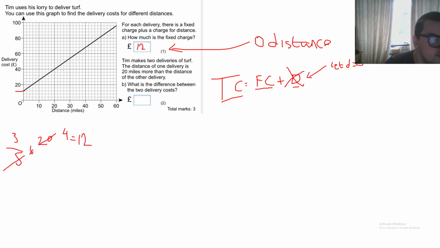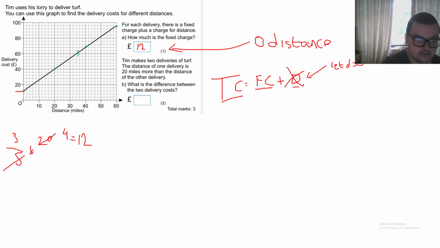For example, we wouldn't pick 35 because it goes through somewhere here and we can't exactly pinpoint where that is, but 0, 20, 40 and 60 all go through the graph at nice points. We're going to use one of these. Just to make things easy, we're going to use 0 and 20 since we already know the delivery cost of 0.